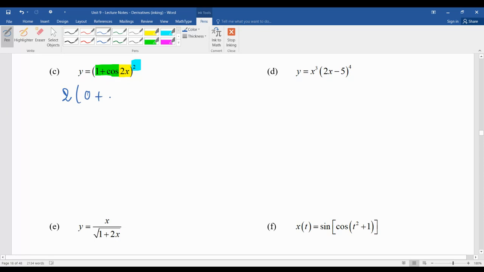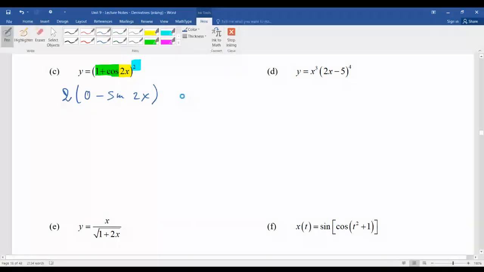The derivative of cosine is negative sine of 2x.